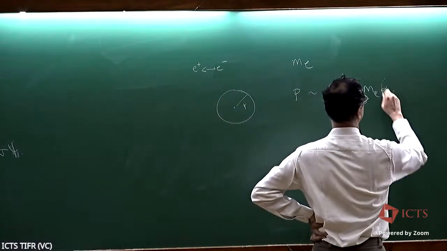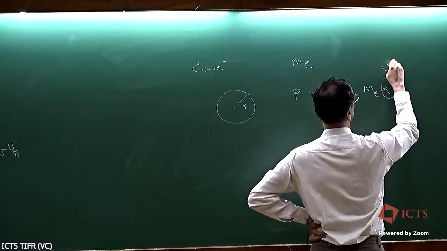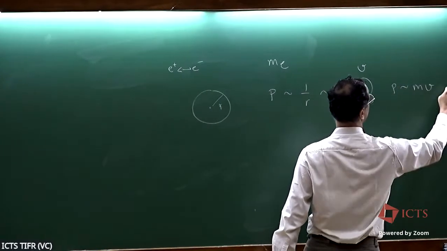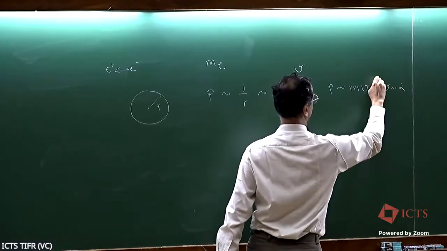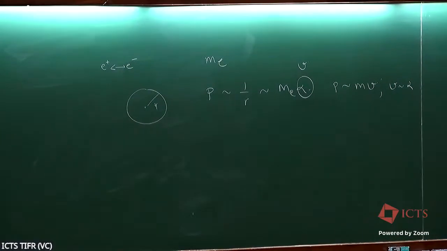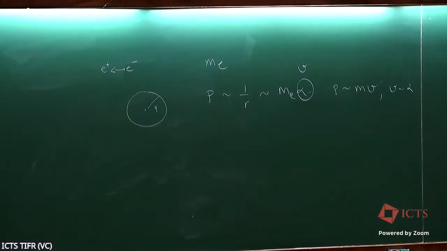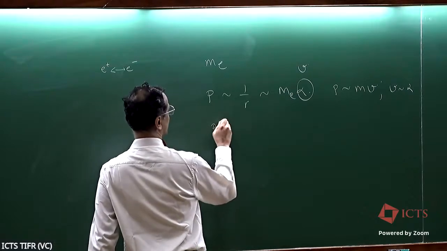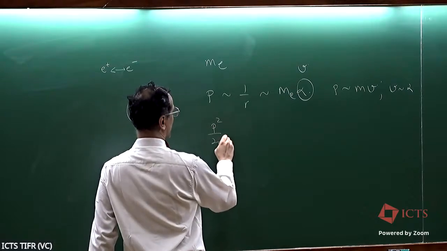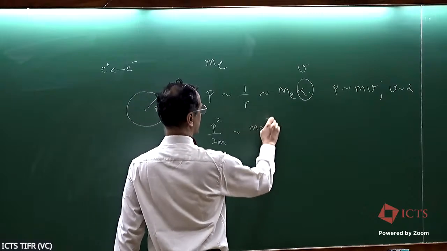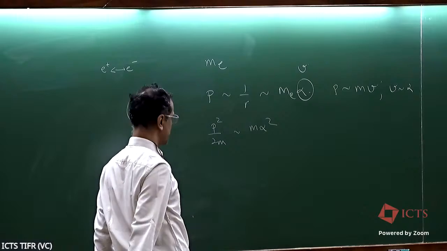In fact, you can think of this α as the velocity, so momentum is of the order of mv, with v of the order α. α is 1/137, so it's small. And you also have another scale which is even lower, which is m α squared, which is associated with p squared by 2m.